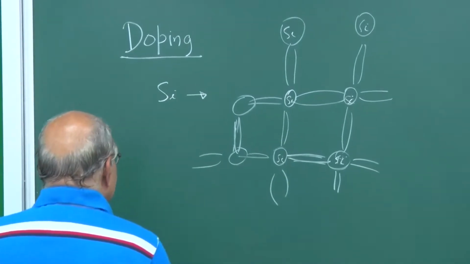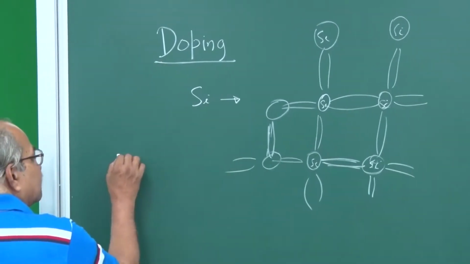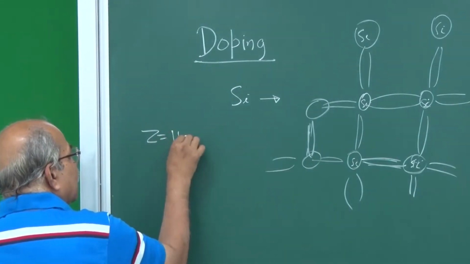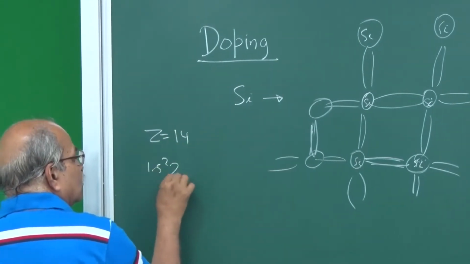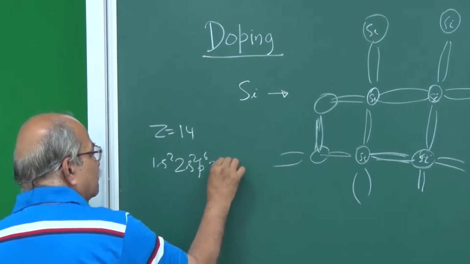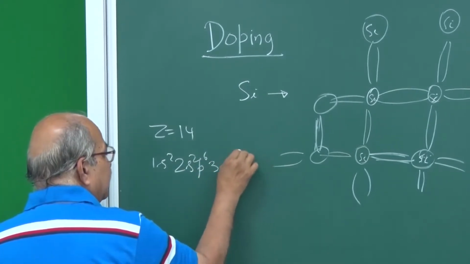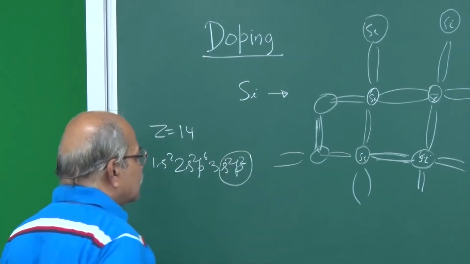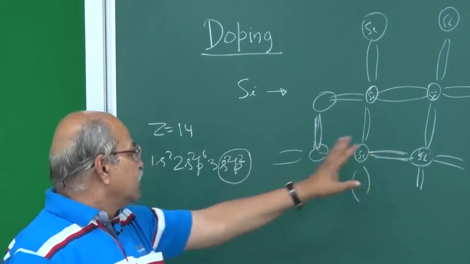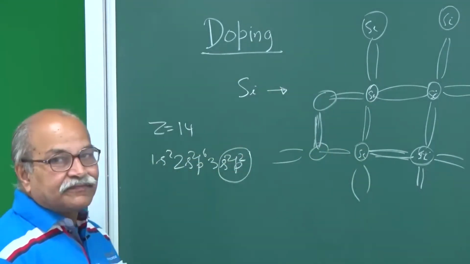So the electronic configuration, Z equal to 14, is 1s2, 2s2p6 and then 3s2p2. So these 4 electrons go in this sp3 bonding in this structure.